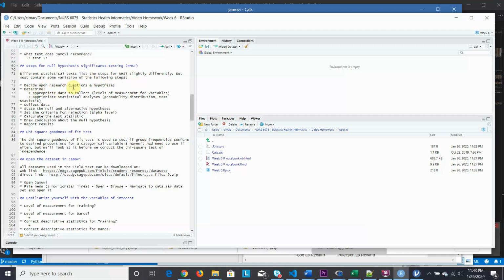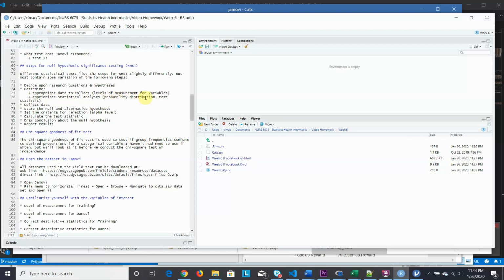When you come up with your research question hypotheses, then you'll need to determine the appropriate type of data to collect, what variables and what level of measurement for each one of those, and figure out what would be the appropriate statistical analysis. So some of them call that choosing the probability distribution, because different types of data follow different types of probability distribution.